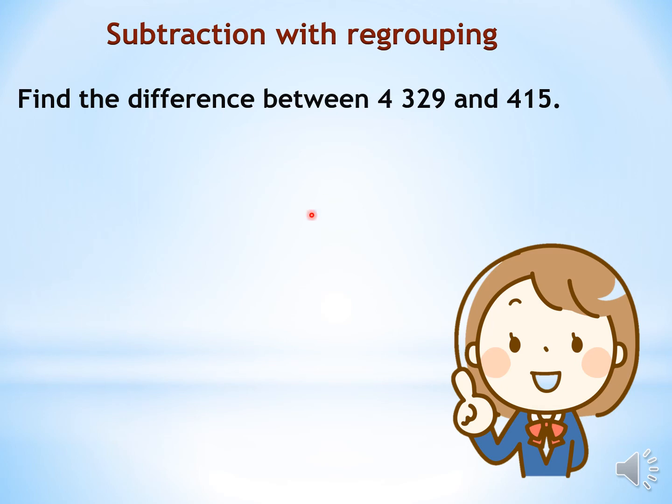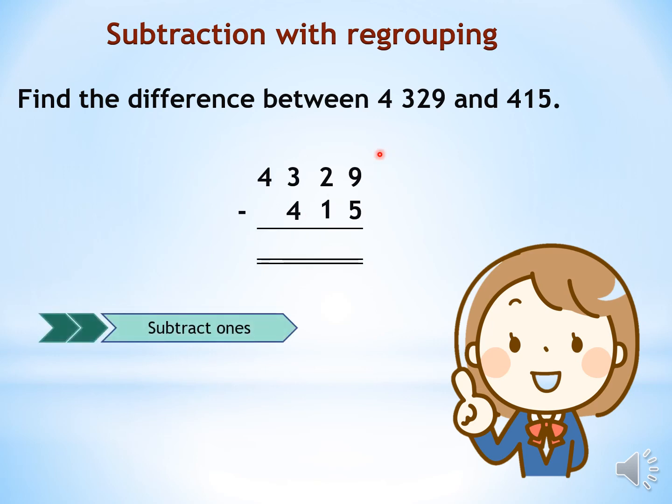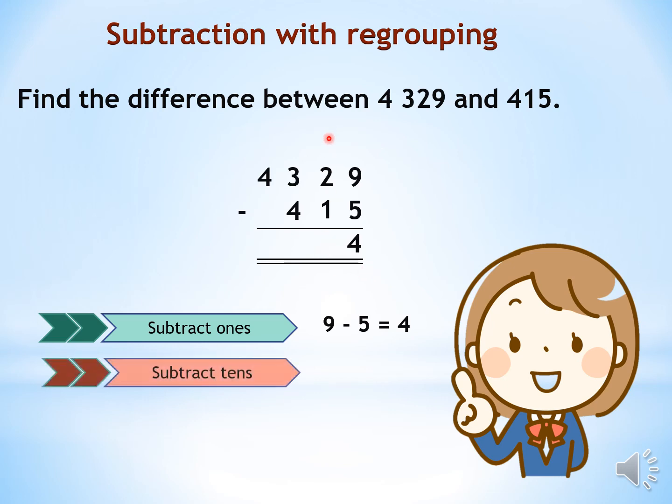We write it. 4329 subtract 415. Okay. They are even. We subtract ones firstly. 9 ones subtract 5 ones, 4 ones. No problem. We can write 4 in the ones place. Then we subtract tens. 2 tens subtract 1 ten, 1.